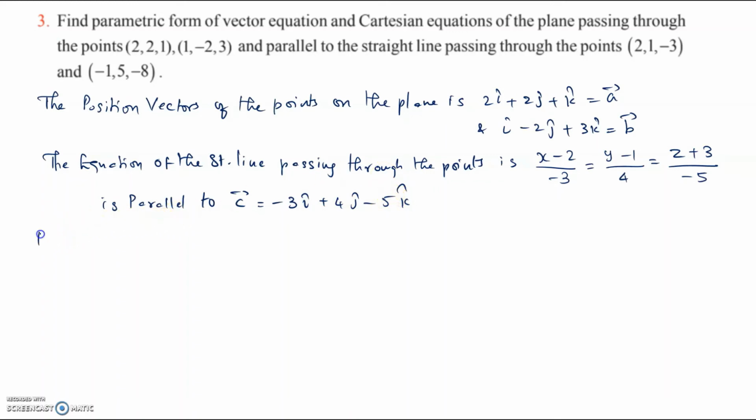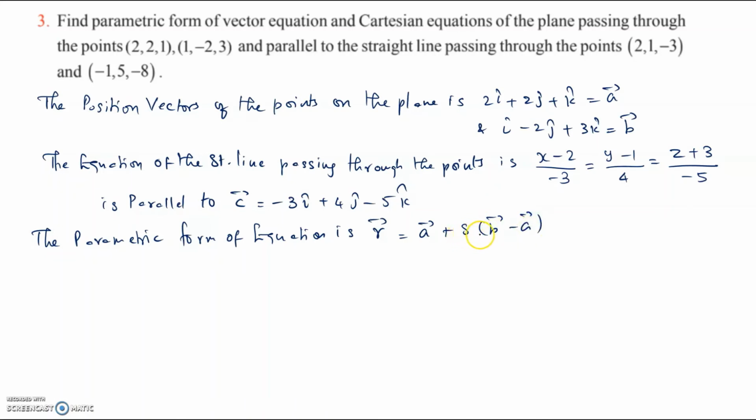Now the parametric form of equation is r vector equals A vector plus s times (B minus A) vector, where s is a scalar quantity, plus t, another scalar quantity, into C vector.